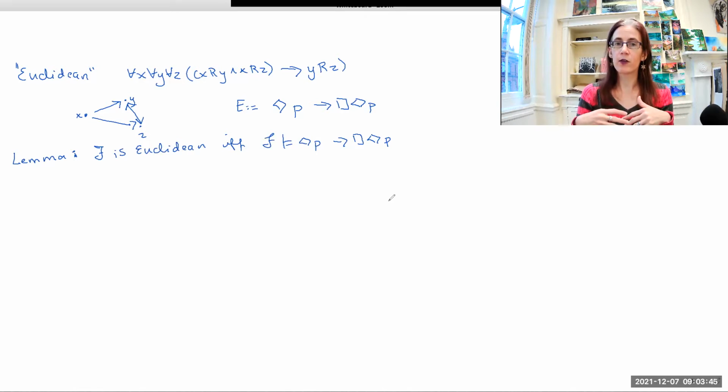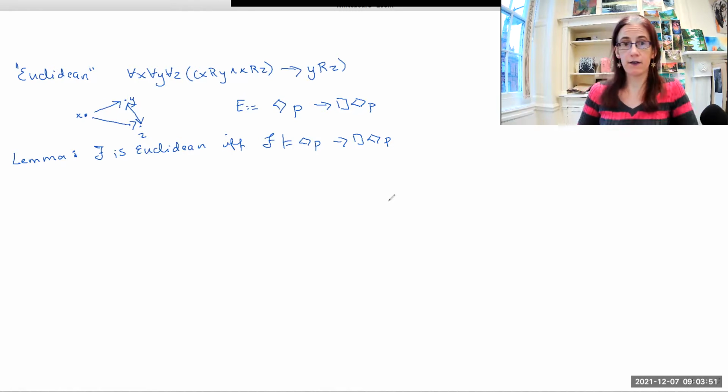So we have to go both directions, as always. Going from the frame condition to the validity of the formula is the easiest one, so we will start with that.